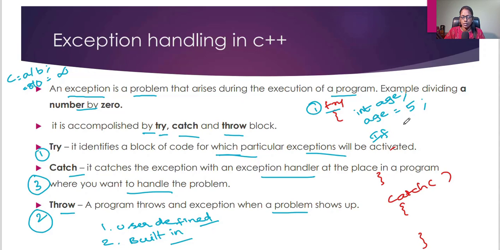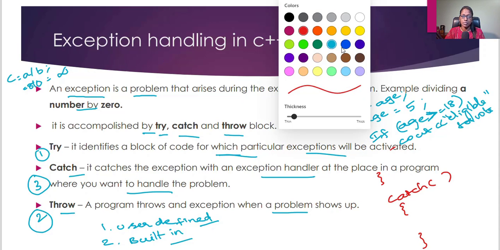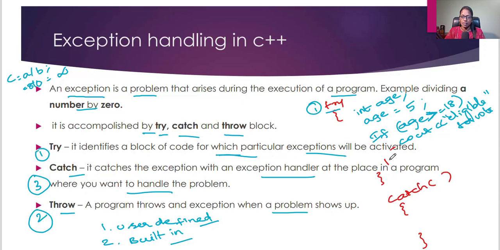If age is greater than or equal to 18, cout eligible for vote. If the particular person's age is greater than or equal to 18, then that person is eligible for voting. Otherwise, that person is not eligible. That means that is an error, right?